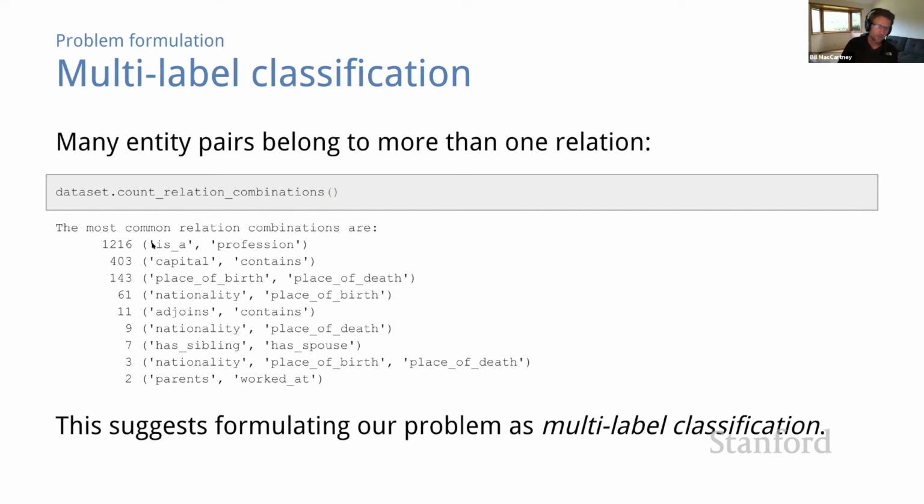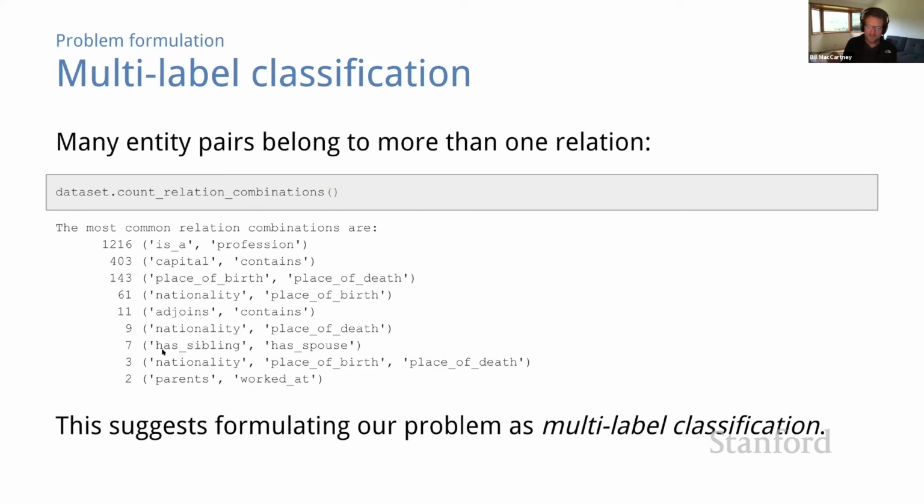For example, I won't even mention the most common one, but there are 143 people in the KB whose place of birth is the same as their place of death. And actually, that's not that surprising, right? That makes perfect sense. It even turns out that there are no fewer than 7 people who married a sibling.